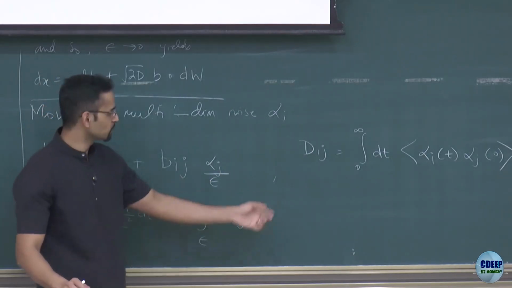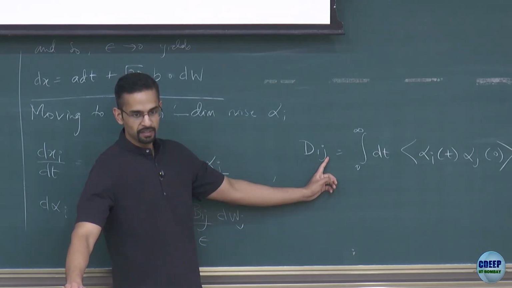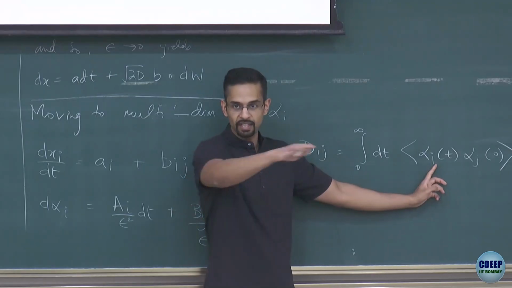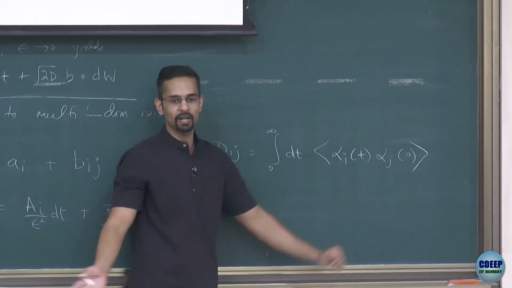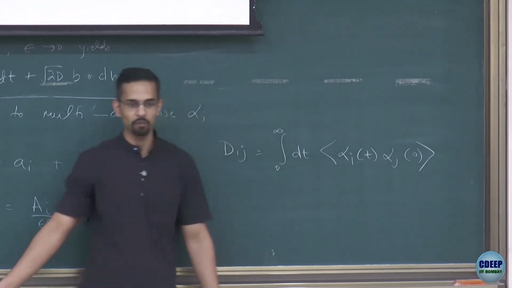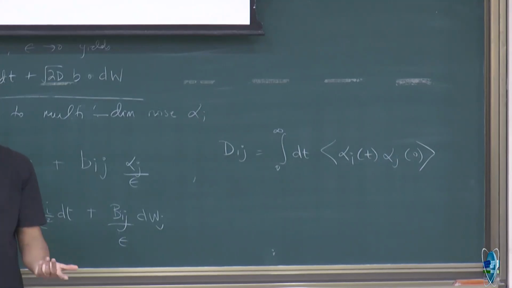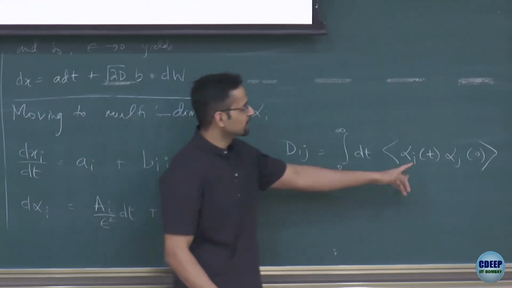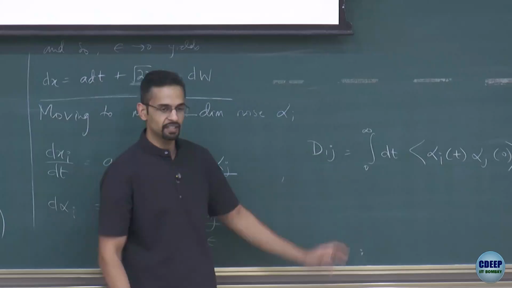They're not the same. So if I look at a correlation between 1 and 10, this is basically saying what is the correlation between a large scale mode at a future time, given that the small scale mode had some value. So how does a small scale mode affect the large scale mode forward in time? The reverse is obviously not necessarily the same thing. So you should not think of this as just some innocuous thing where alpha 1 and alpha 2 are the same; then this would not make any difference.